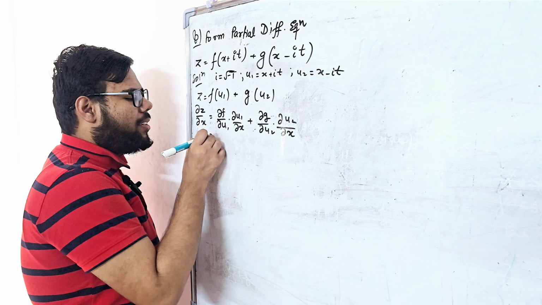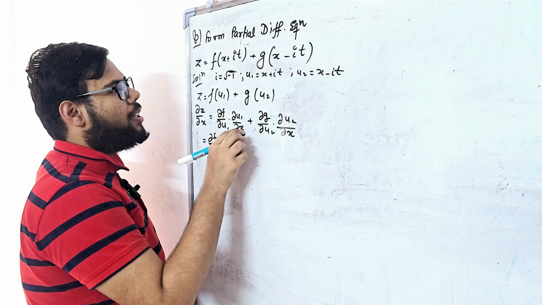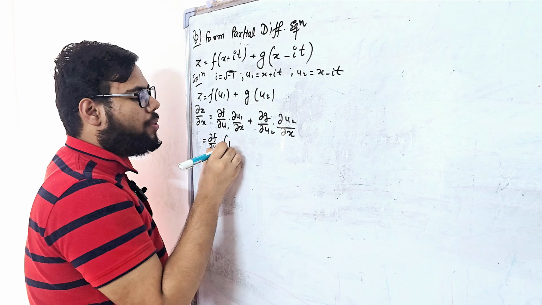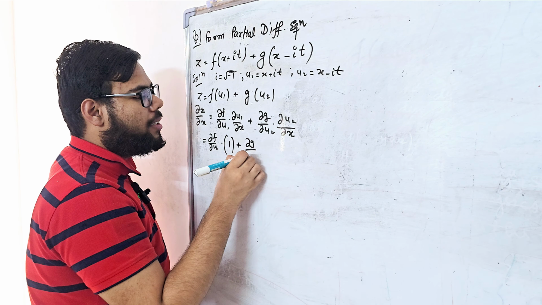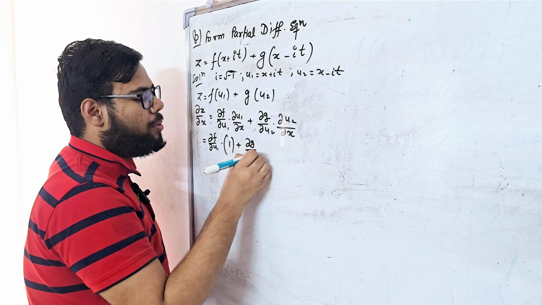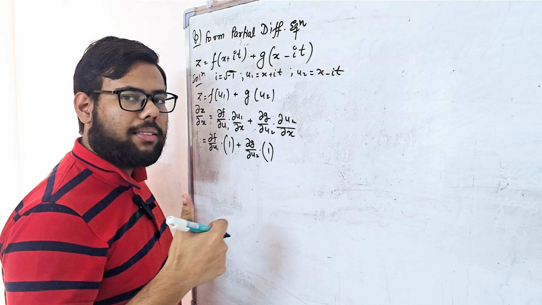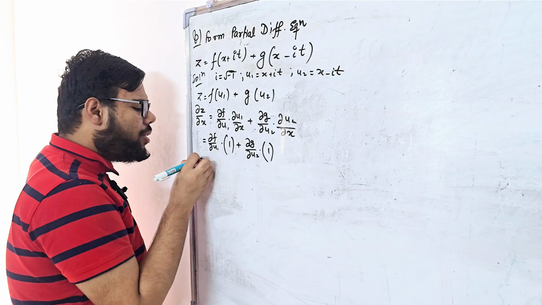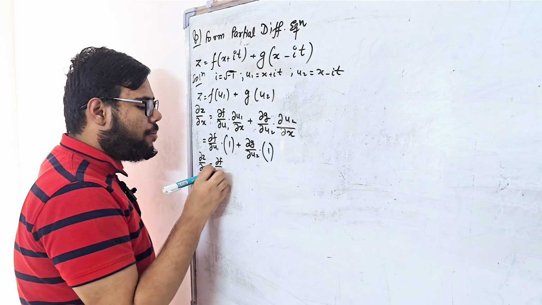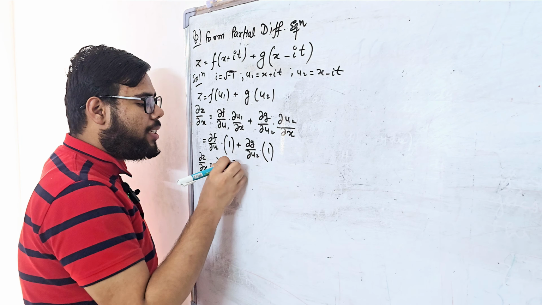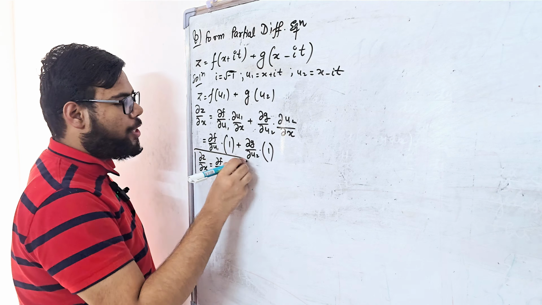So we can write it as del f by del u1 dot, what is del u1 by del x? It is equal to 1 plus del g by del u2, and what is the derivative here? It is again equal to 1, correct? So del z by del x is equal to del f by del u1 plus del g by del u2, and we have to remember this expression.